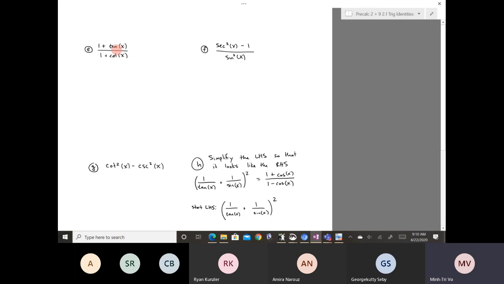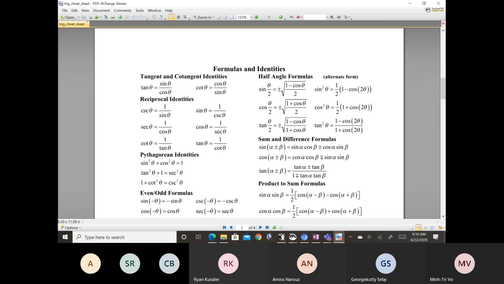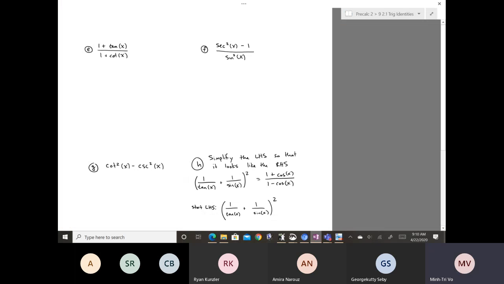So you can ask yourself, is there an identity that relates directly these 2 trig functions? And there is, because cotangent is just the reciprocal of tangent. So we can use that identity instead. Let's use the fact that cotangent is 1 over tangent.